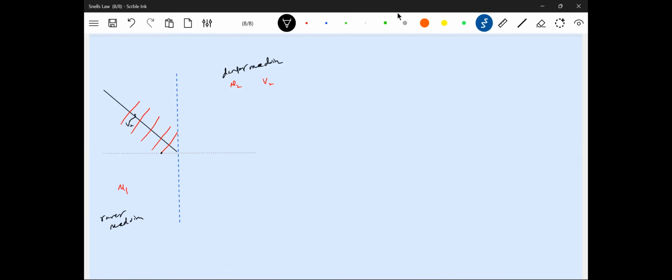Now this particular point will enter into the rarer medium while this one will still be in the denser medium. So it should be like this. It will move forward.